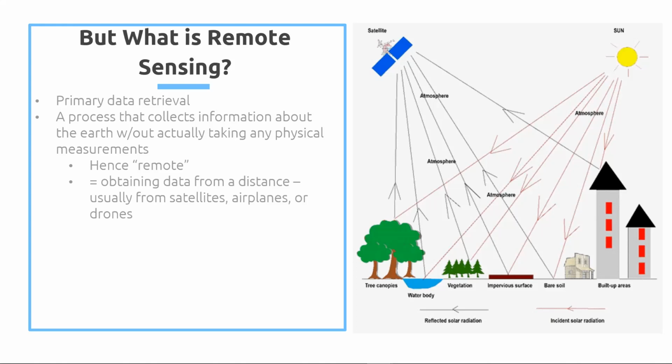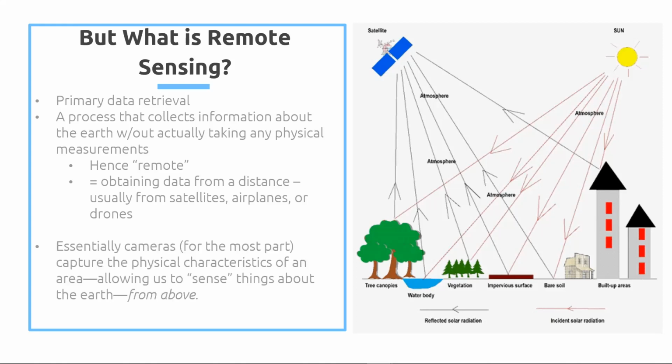A lot of times you're obtaining this data from a distance. So radar is one, satellites, airplanes, drones. If you take a picture with your cell phone from the top of, say, the Eiffel Tower, that is also a form of remote sensing. It's a very crude way of doing it, but it counts since it is imagery from above. And that was what people did before they had all these instruments where you could fly.